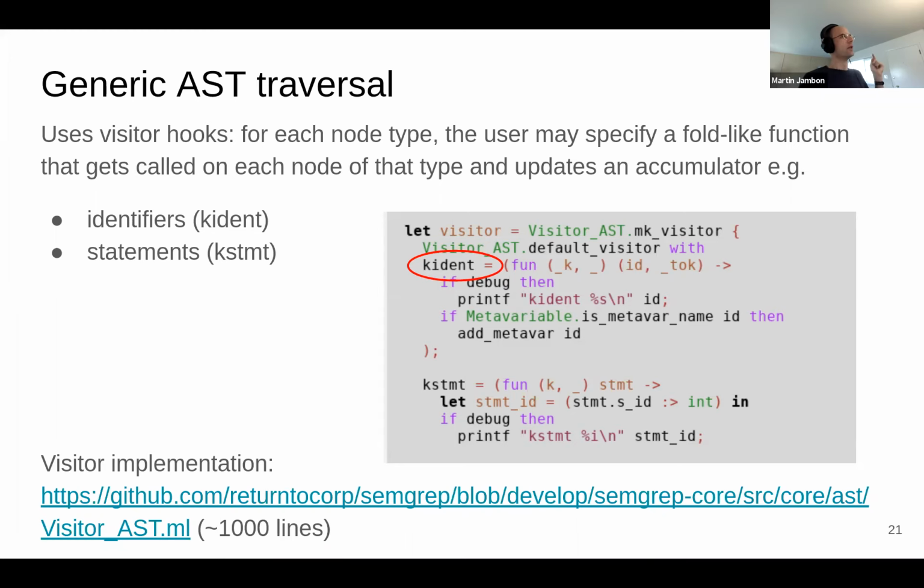And when it finds a node of type, in this case, ident, it will call the function that we provided that is in charge of doing something with that node. This is the little anonymous function we have here, which does something with this ID. The other one is STMT, that gets called when we visit a statement. Also, we do something for a statement.